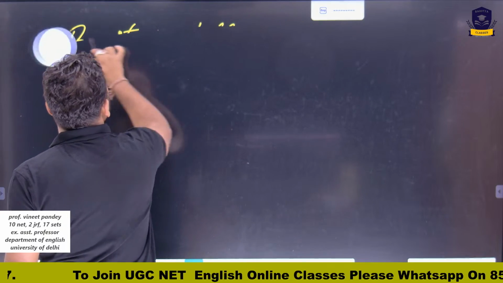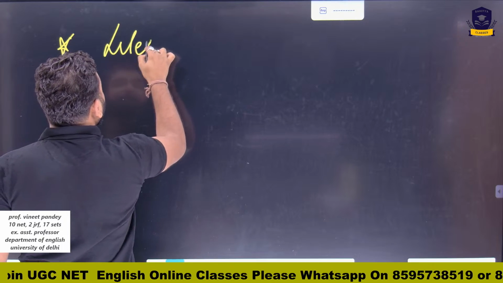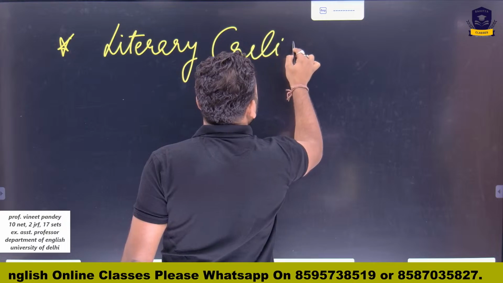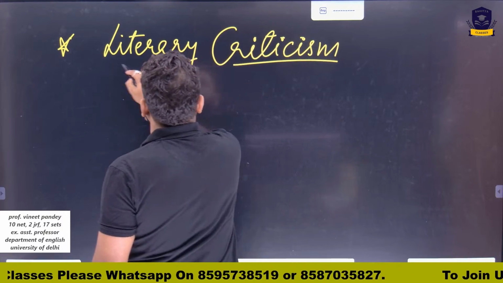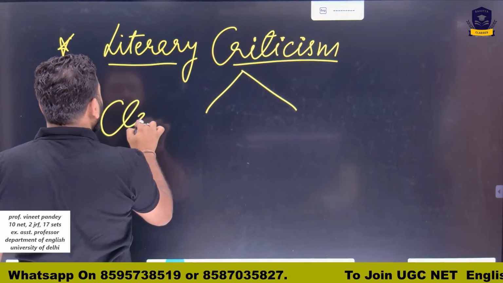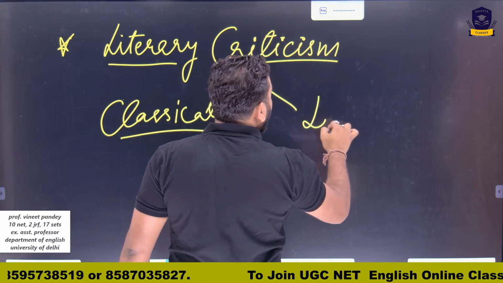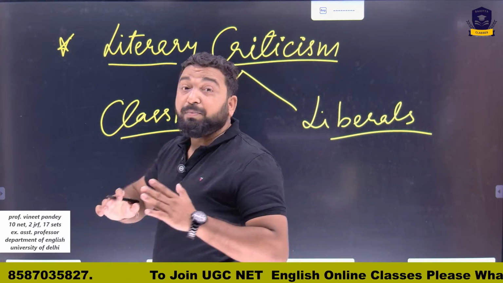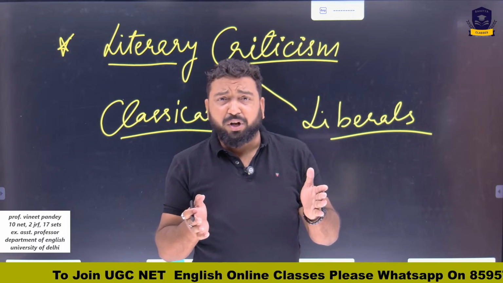Once you're done with these things, then you have to go for literary criticism. Here you have to start with two parts: classicals and liberals, or you can simply say romantics. अब देखो, जब criticism पढ़ना start करोगे, we are not going to read the writers or the basic introduction only.